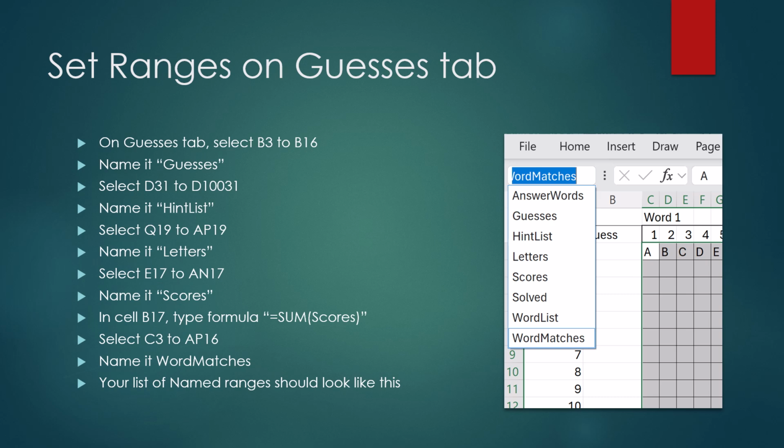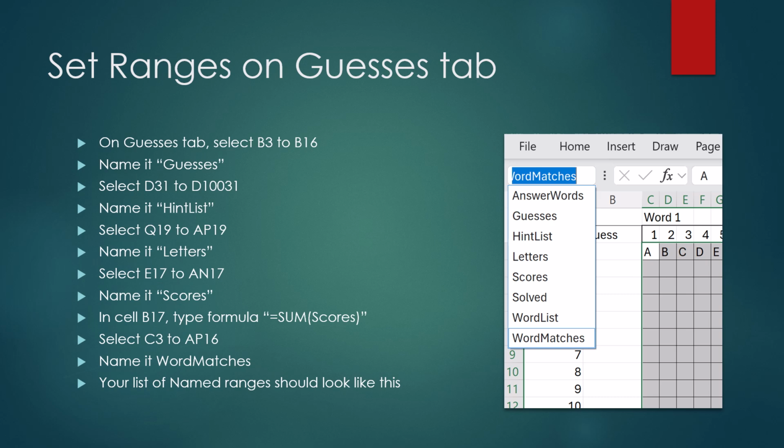There you select cells B3 through B16. You want to name that guesses. You want to select the range D31 through D10,031, and that's going to be our hint list.